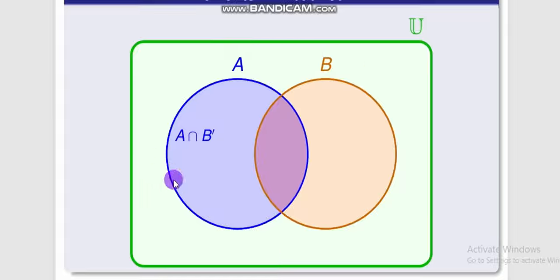So all the region outside here, including this region, constitutes B complement, and this is why we have to say A intersection B complement, where the elements in A are also found in B complement. They have them in common. So this region is part of B complement, and this is why we say A intersection B complement.